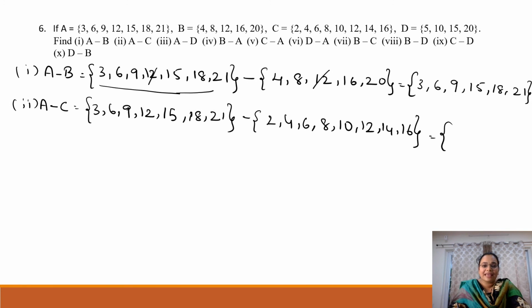We need to cancel all the elements which are in common. 6 is common. Yes, 12 is also common. So the remaining elements in A will be your answer: 3, 9, 15, 18, 21.